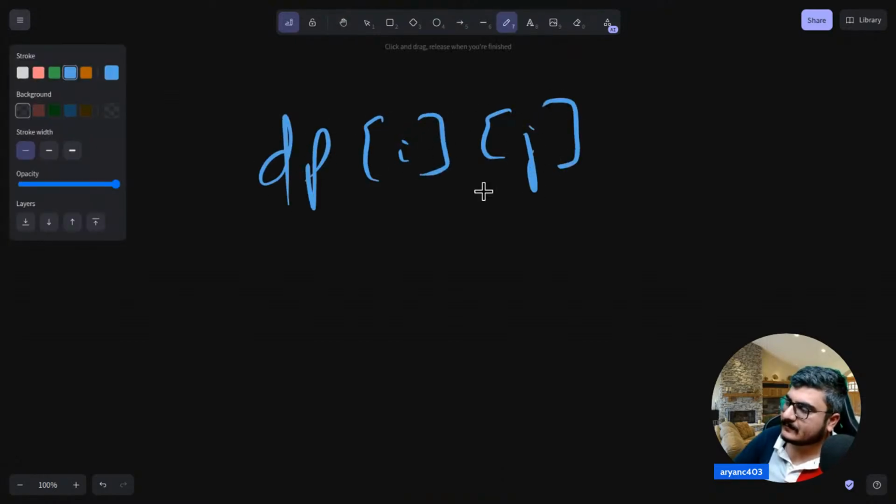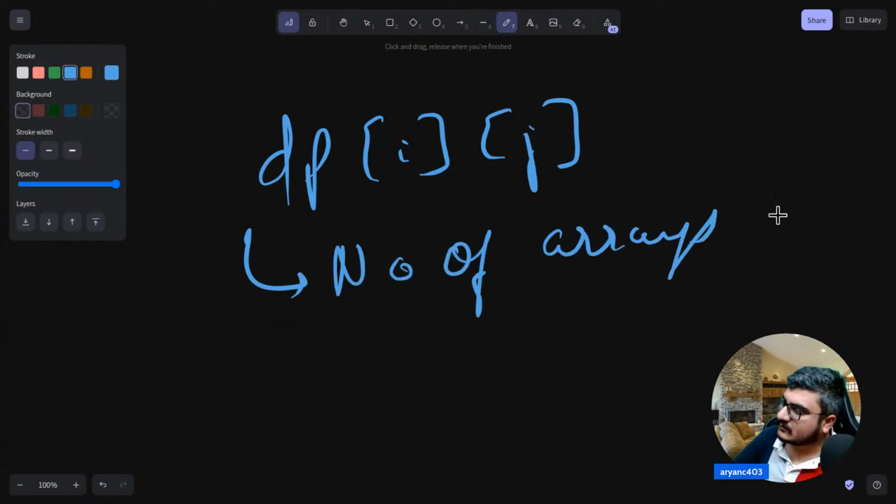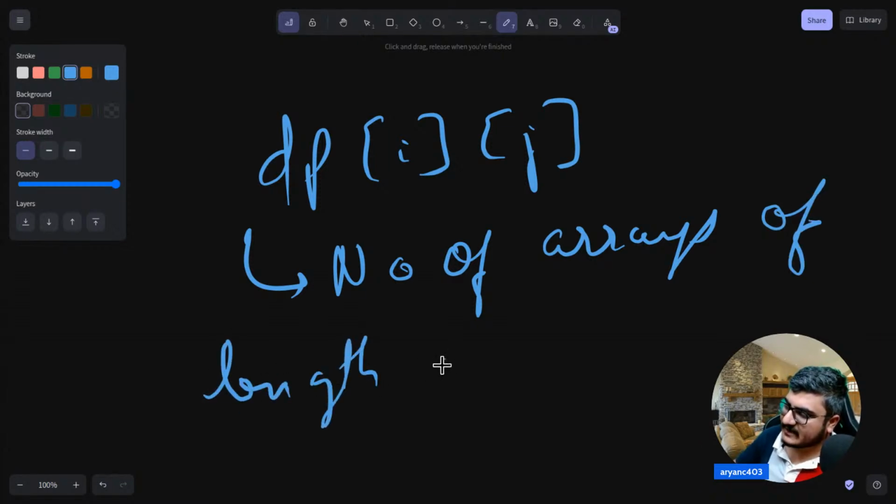dp[i][j] as the number of arrays of length i and product j.